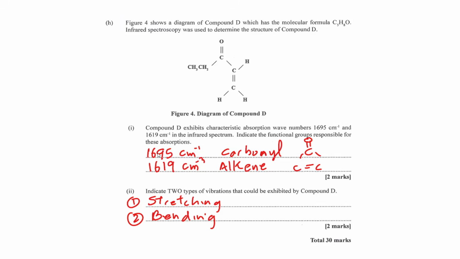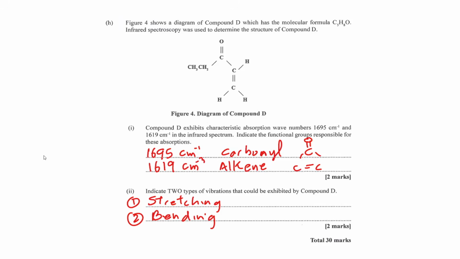And 1695 per centimeter is where we would find our carbonyl group. So what you can do is use your data booklet to find the range, and that range would correspond to 1695. Again, use the data booklet to find the range that corresponds to the carbon-carbon double bond. And 1619 per centimeter would fall in that range.